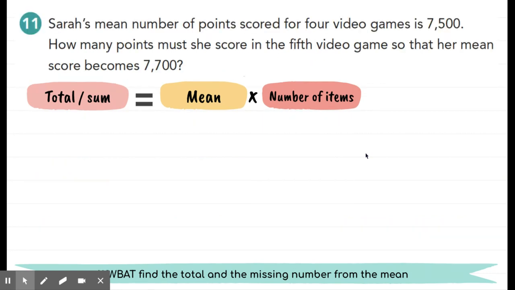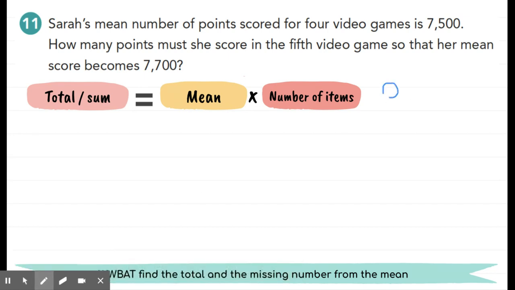For number 11, Sarah's mean number of points scored for the 4 video games is 7,500 points. How many points must she score in the 5th video game so that her mean score becomes 7,700?